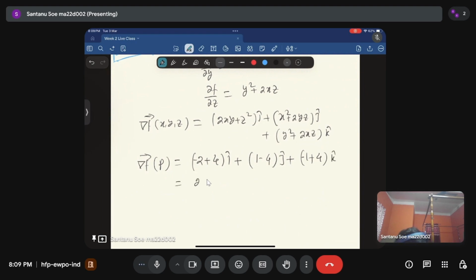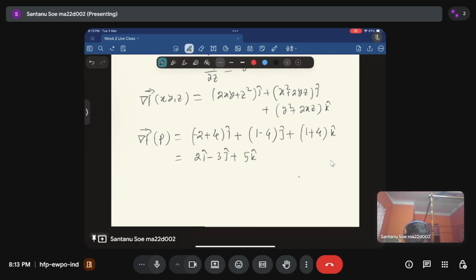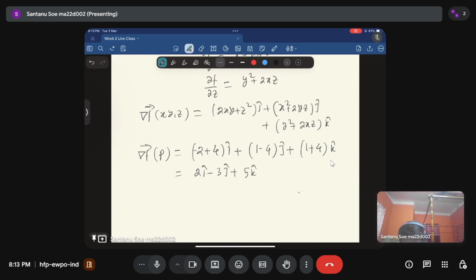So this is gonna be 2i minus 3j plus 3k, right? So this is gonna be 1 plus 4, so this will be 5k cap.